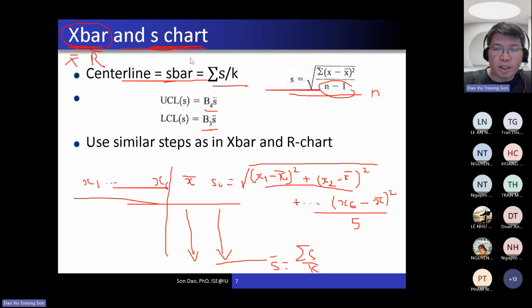Any questions for the S chart, X bar and S chart, everyone? No issue?